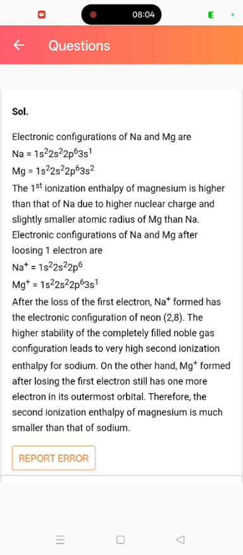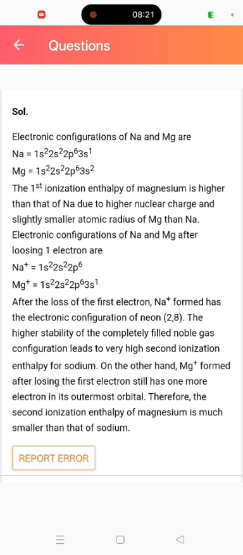The electronic configuration of sodium and magnesium after losing one electron becomes Na plus and Mg plus: 1s2 2s2 2p6 for Na plus, and 1s2 2s2 2p6 3s1 for Mg plus. Now Na plus is completely filled.